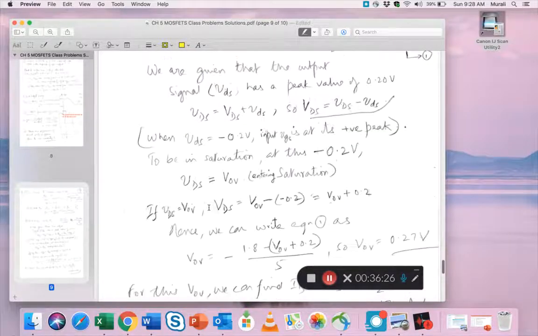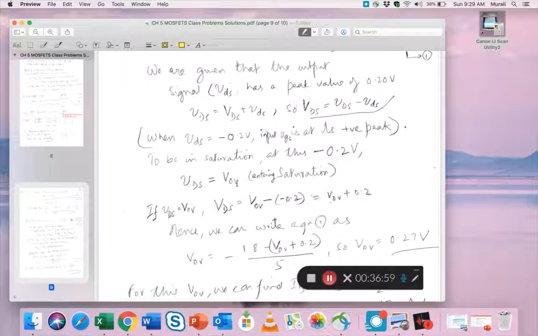Now we know that at saturation, which is the lower limit, we can replace this total VDS to be V saturation or V overdrive, because at saturation, which is the point B in our graph, we know that the VDS has to be this overdrive voltage, right?